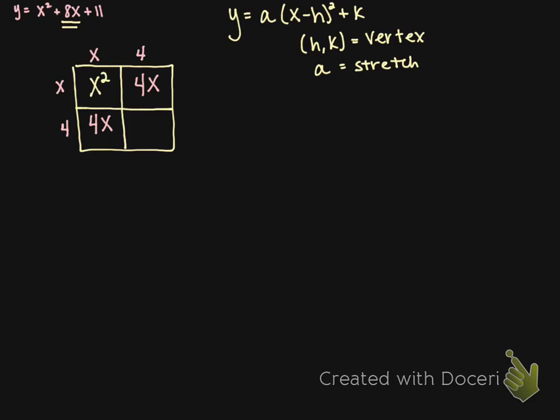We also know this creates a square because the two sides of our box have equal side lengths. Now, we do have this missing inside to our square, which we can get by multiplying 4 times 4, giving us 16.